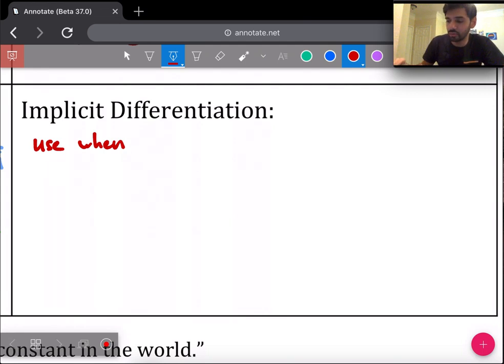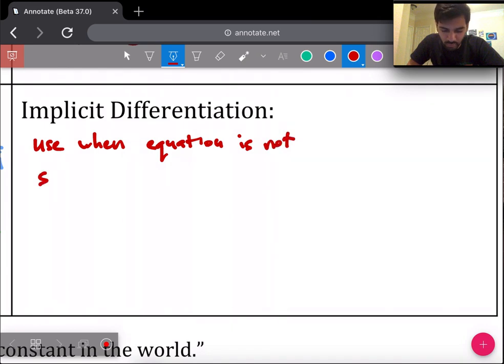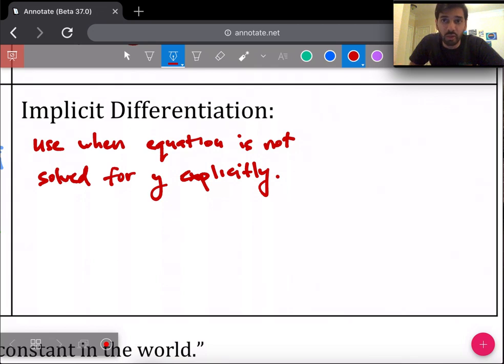So all the other rules you see up at top, you could use those if your function is explicitly solved for y, like it's y equals something in terms of x. Implicitly, you use this when the equation is not solved for y. So that's why we call this implicit differentiation, because the equation is not explicitly solved for y.